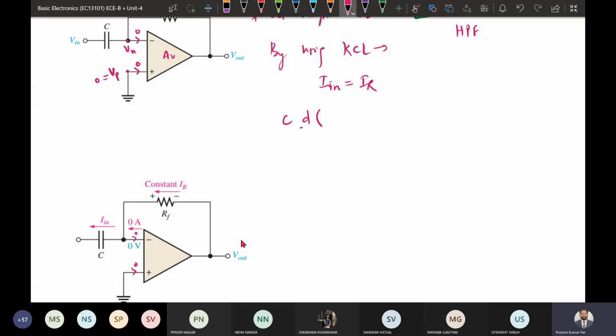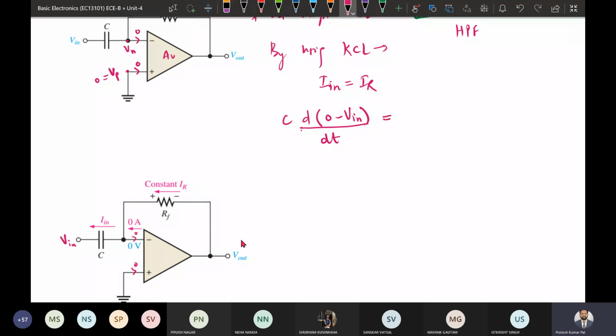So change in voltage is the voltage across this capacitor. The current direction is this way. Here it is at high and this is at low. So this is your V input. So 0 minus V input divided by dt. This is the current through the capacitor.